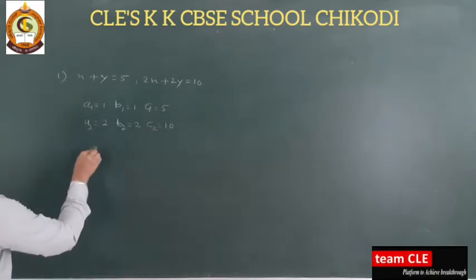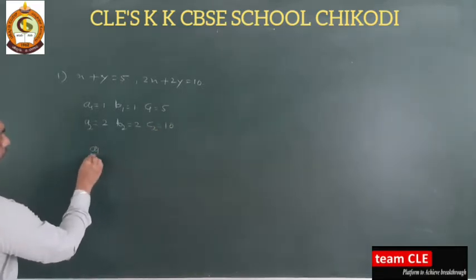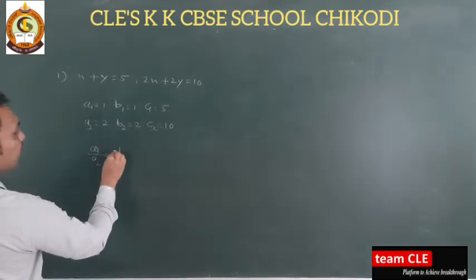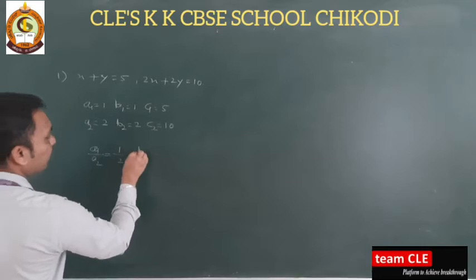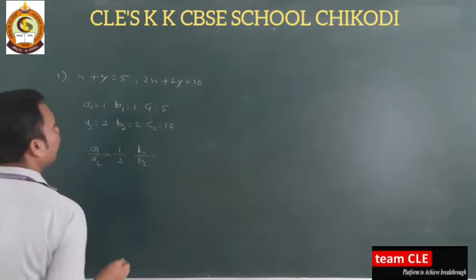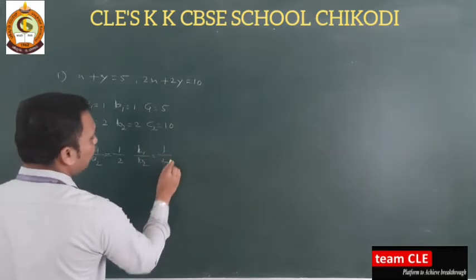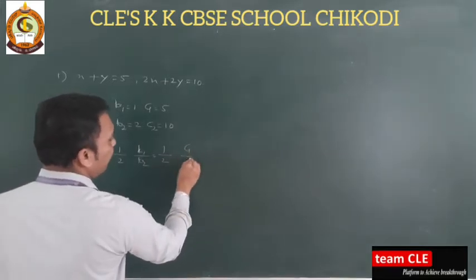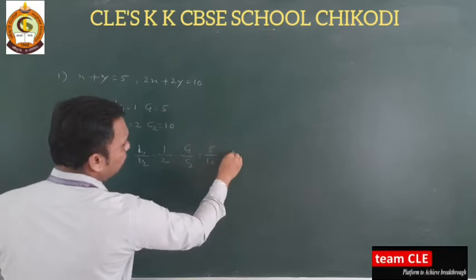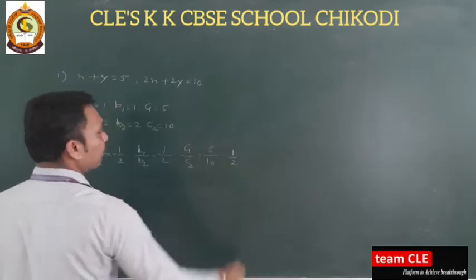Now A1 by A2 is 1 by 2, B1 by B2 is again 1 by 2, next C1 by C2 we have 5 by 10, that means this is also 1 by 2. Okay.